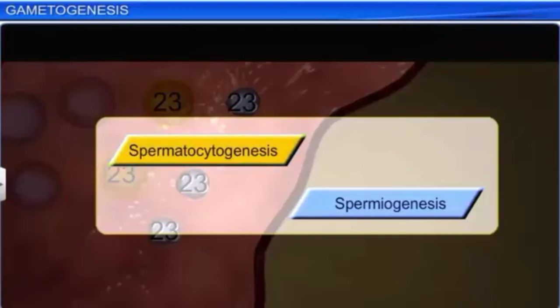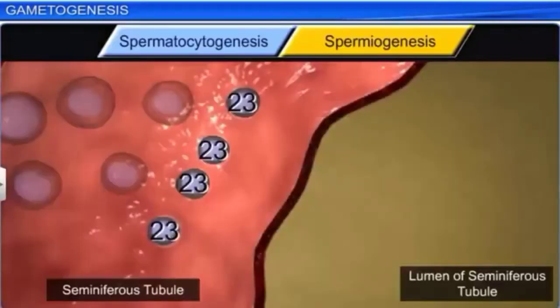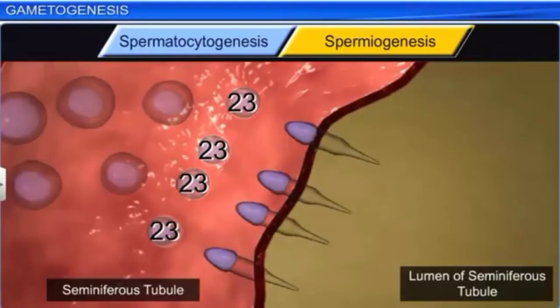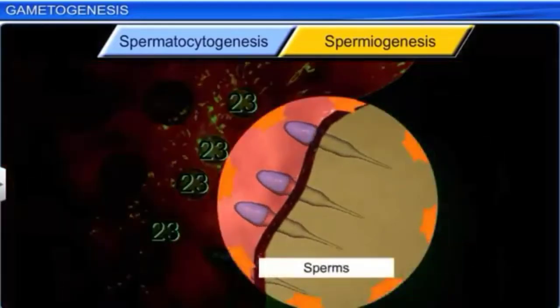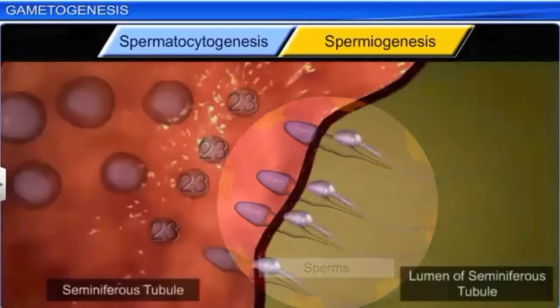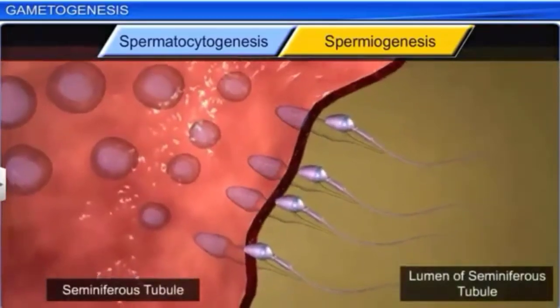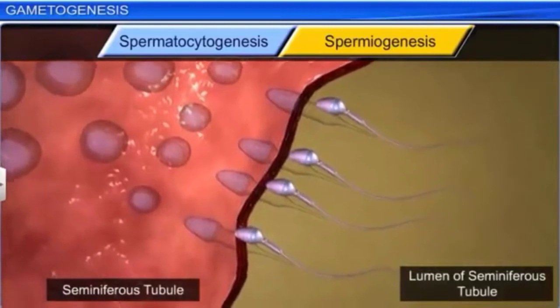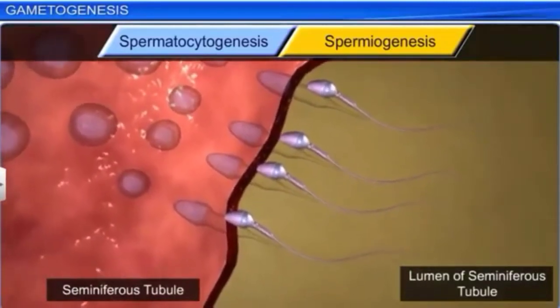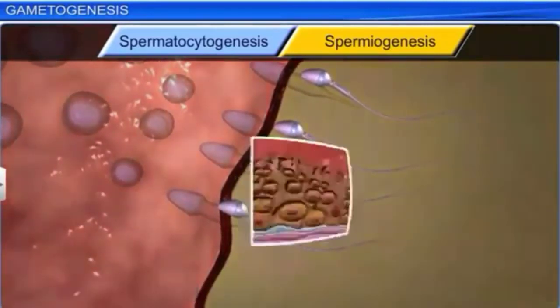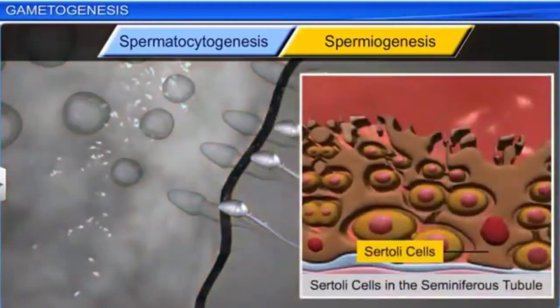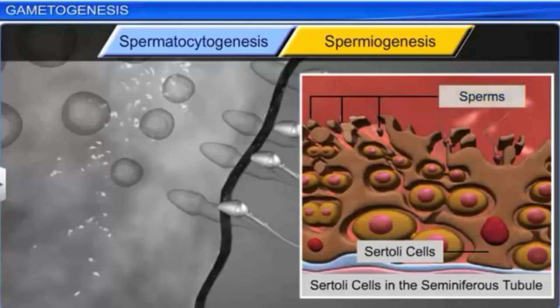Spermatocytogenesis is succeeded by spermiogenesis, during which the spermatids differentiate into an elongated and tadpole-like spermatozoa or sperms. However, during this process, the heads of these sperms remain embedded in the Sertoli cells, which provide these developing sperms with nutrition.